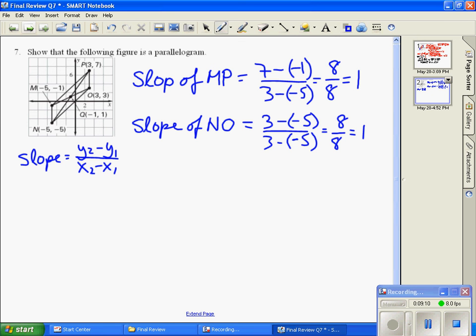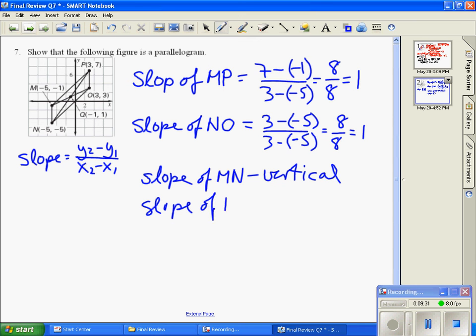So slope of MN, we'll just say that this vertical line, and then slope of PO, also vertical, so they're the same.